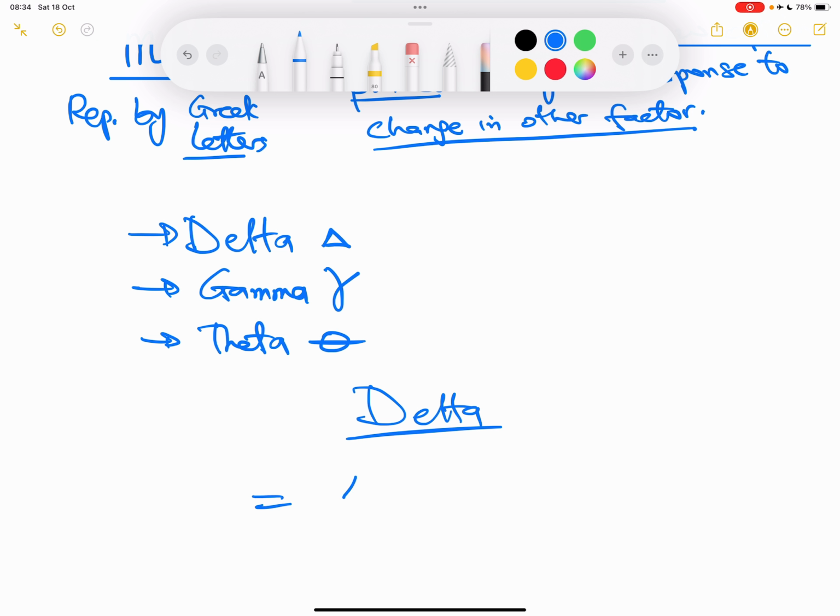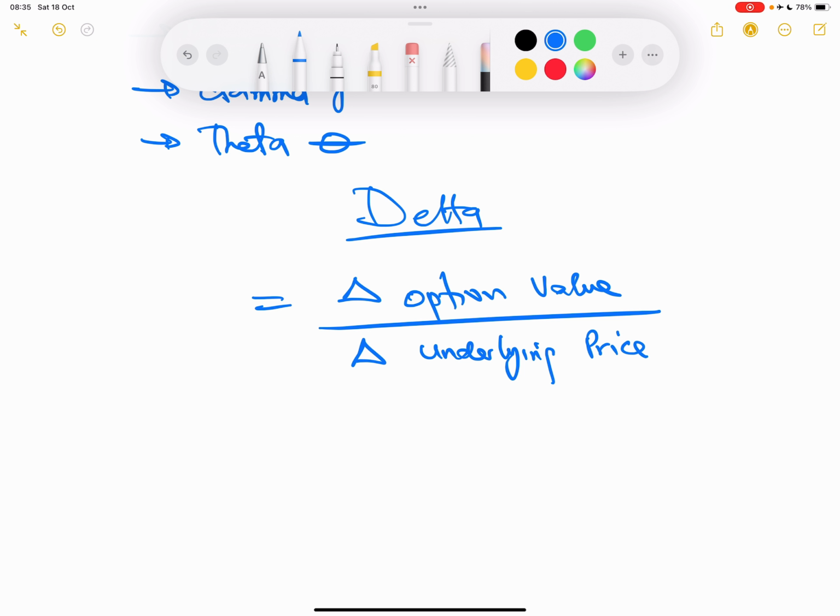Simple. That is delta. Delta is asking: when the underlying asset price is changing, how much change is the option value experiencing? That is what delta is measuring.